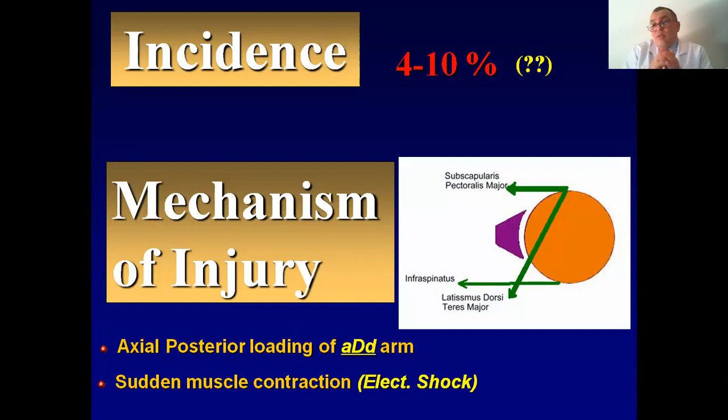So only the infraspinatus is acting against all the other four muscles, which tend to internally rotate the head and push it posteriorly. So the head would dislocate posteriorly and not anteriorly.